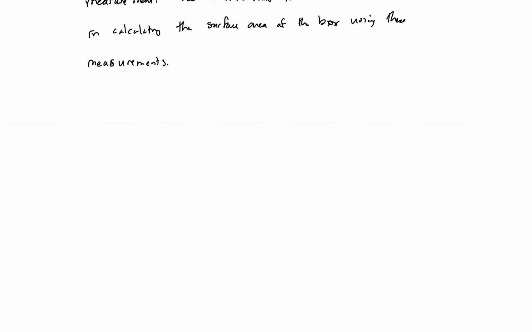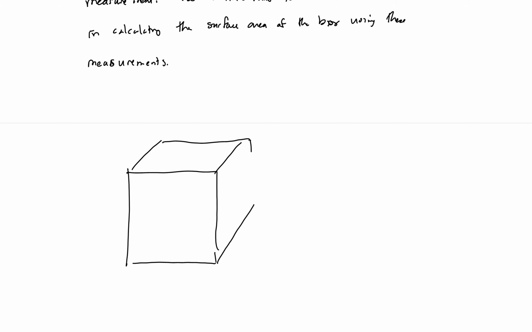Okay, so let's think of what our box is here. It's just something like this. We can call this x, y, and z. So my surface area here, S of x, y, and z, is 2 times xy plus 2 times xz plus 2 times yz.